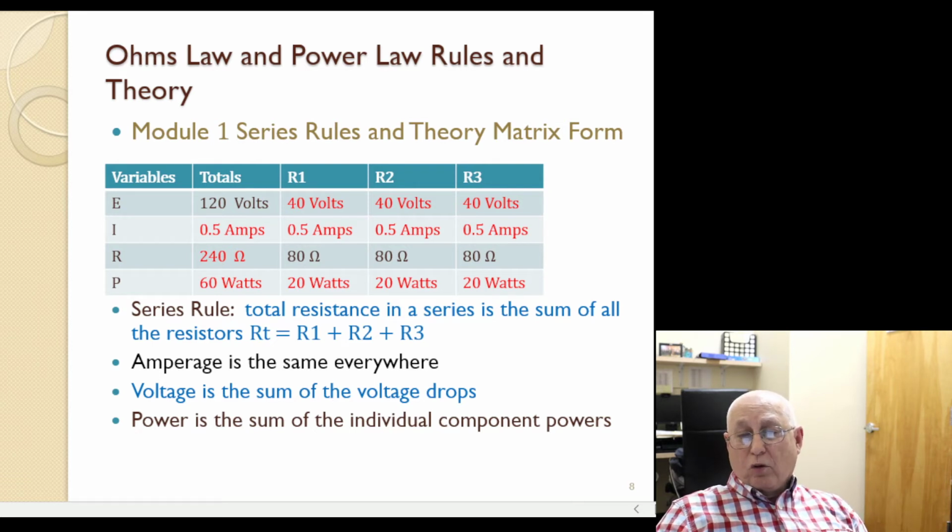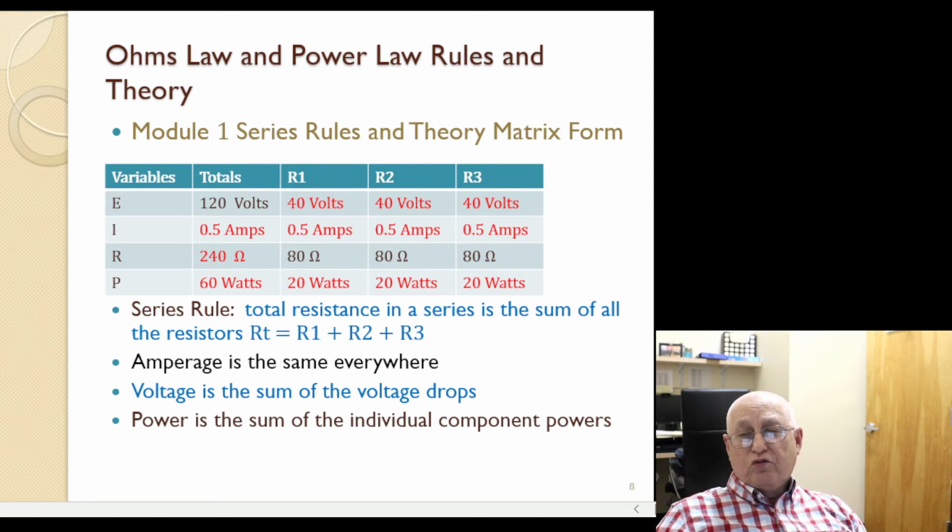Series rules. Total resistance in a series circuit is the sum of all the resistors: R1 plus R2 plus R3 equals total resistance. Amperage is the same everywhere. Voltage is the sum of the voltage drops: 40 plus 40 plus 40 equals 120. Power is the sum: 20 plus 20 plus 20 equals 60.